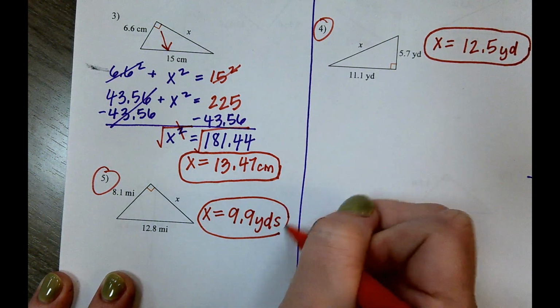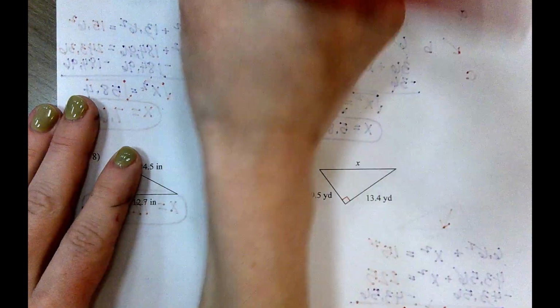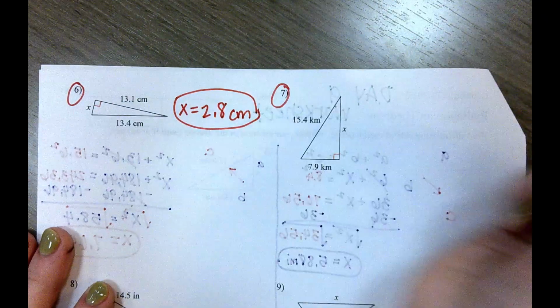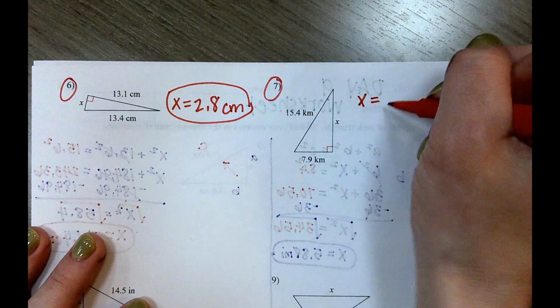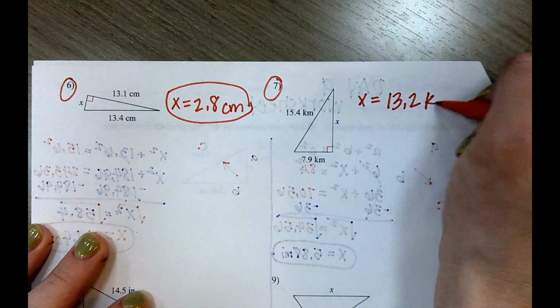Oh, or not yards, miles. Moving on, number 6, you should get X equals 2.8 centimeters. 7, you should get X equals 13.2 kilometers.